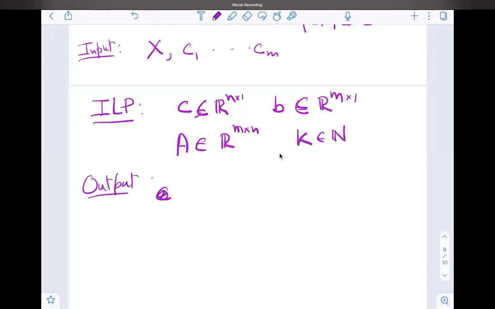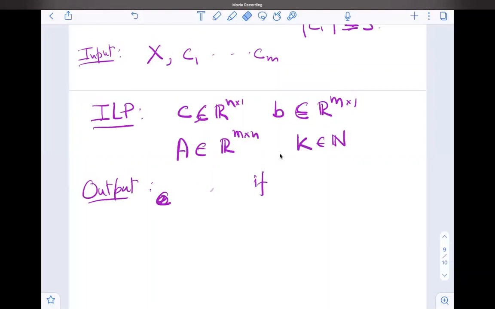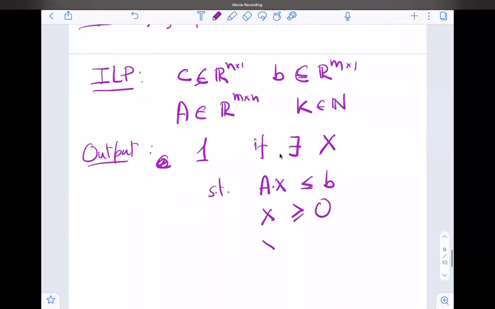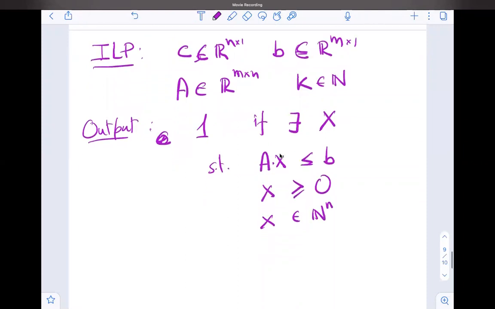The output is 1 if there exists x such that Ax is less than or equal to b, x is greater than 0, x is in natural numbers cross n, and c transpose dot x is less than k.